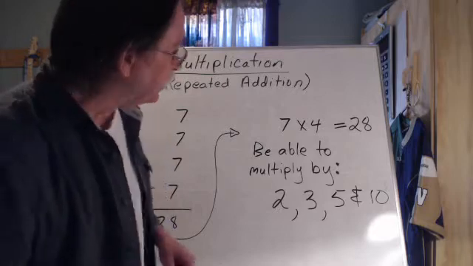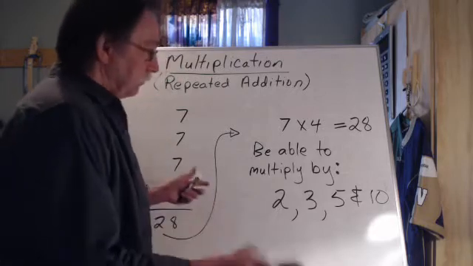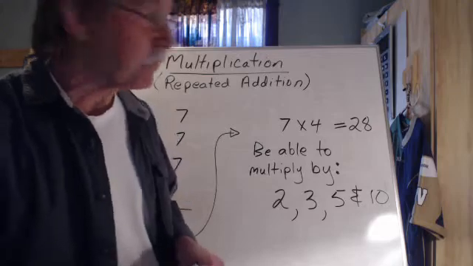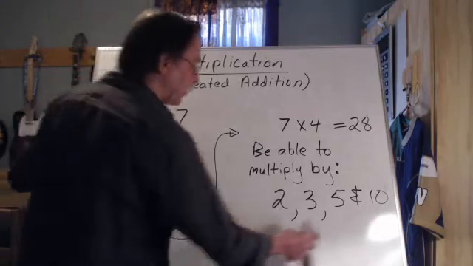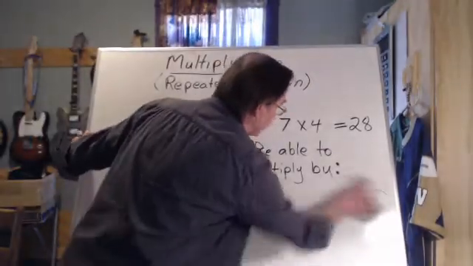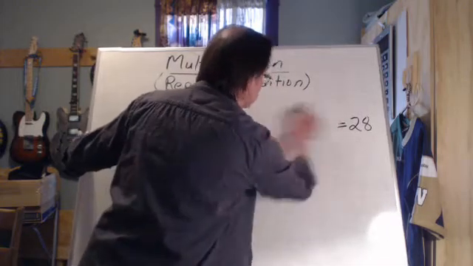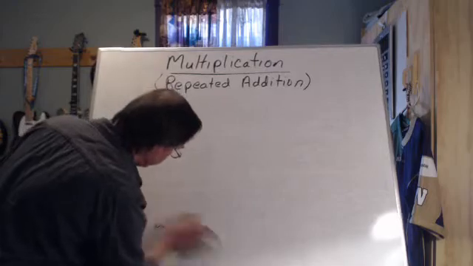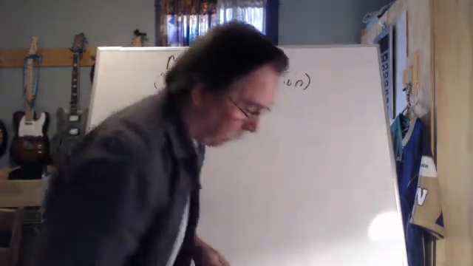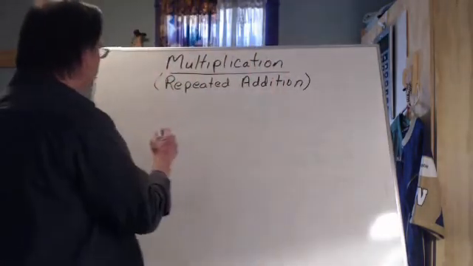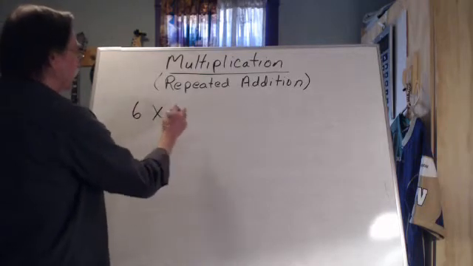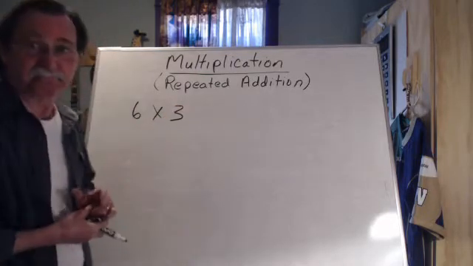So let's do some, just to check to see if you're following along with your formula sheet. I'll give you a few, and you see if you can determine what the fact is. Okay, I would like you to go 6 times 3.